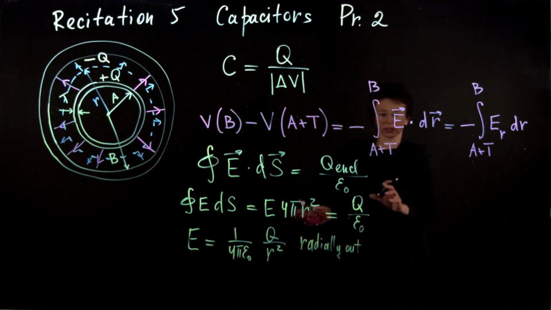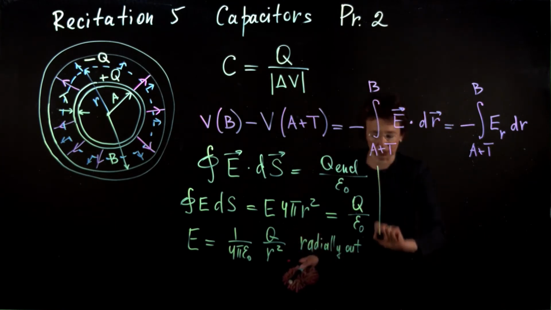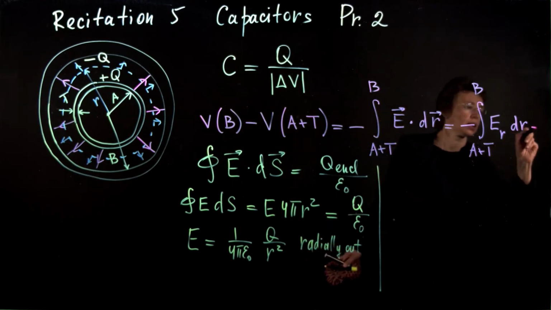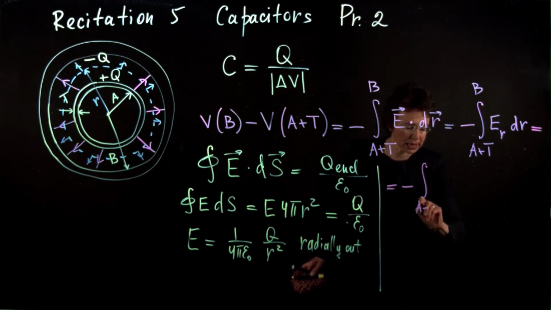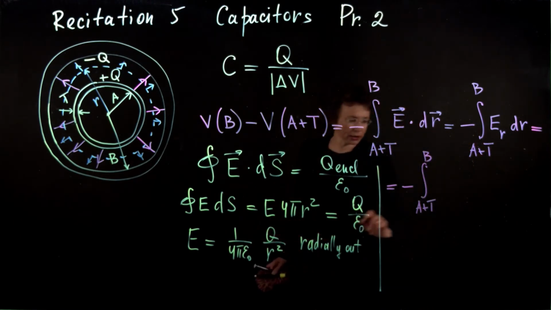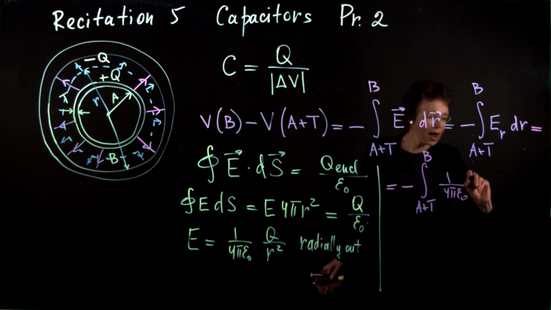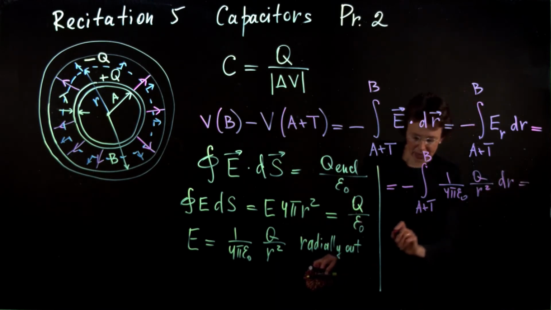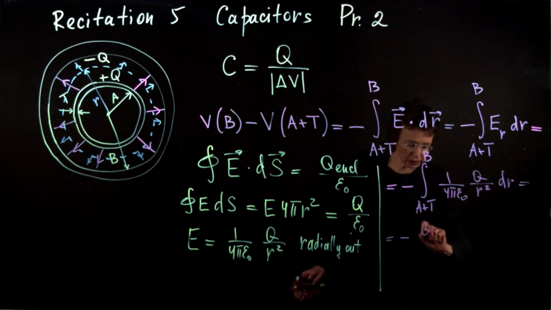Now I take the electric field and bring it here under this integral. So we have minus the integral from A plus T to B of 1 over 4 pi epsilon naught Q over r squared dr. It is minus Q over 4 pi epsilon naught.